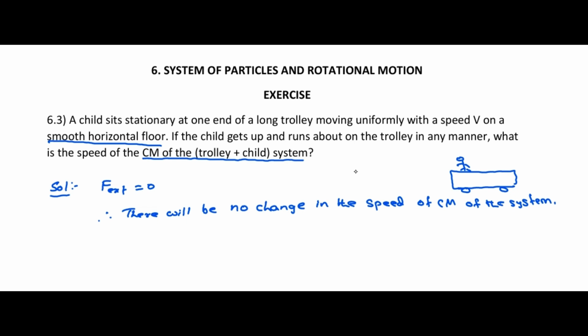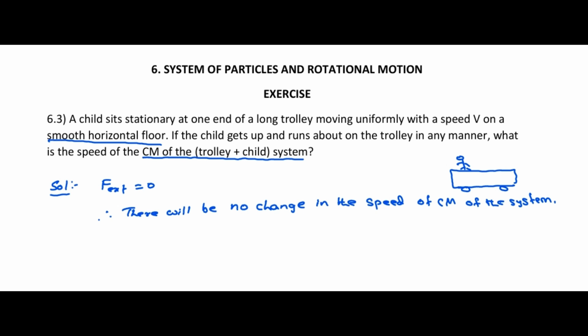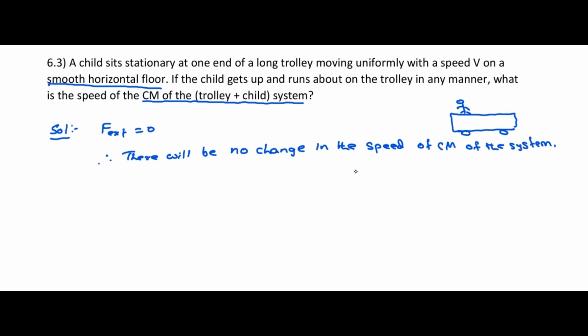F external is 0, so acceleration is 0, and the center of mass speed will remain the same. There won't be any change in the speed of center of mass. That means speed will be v only.